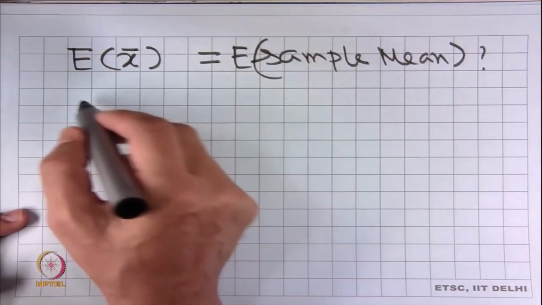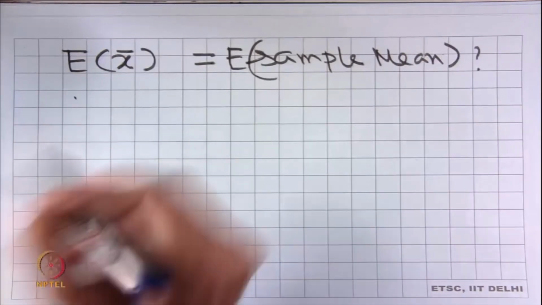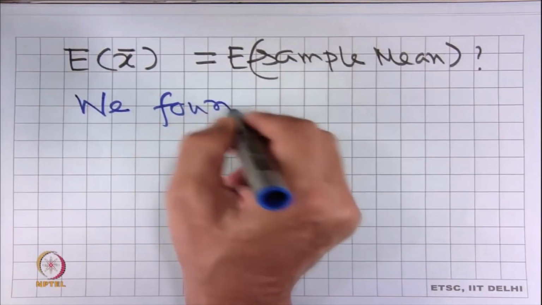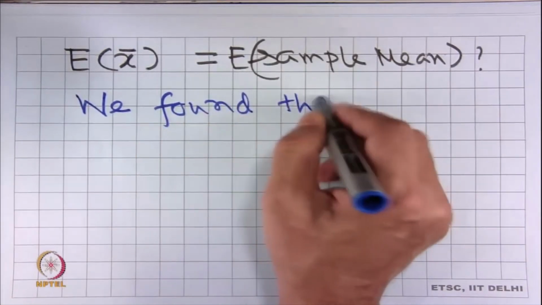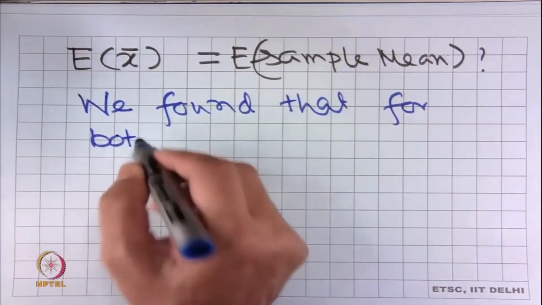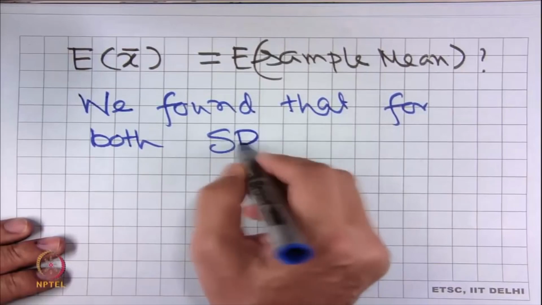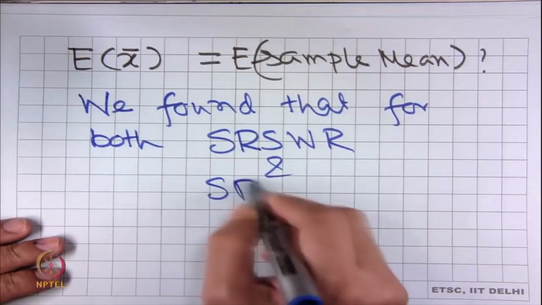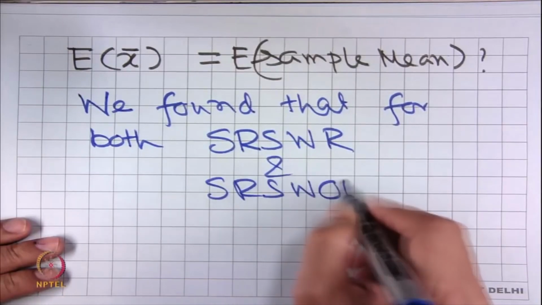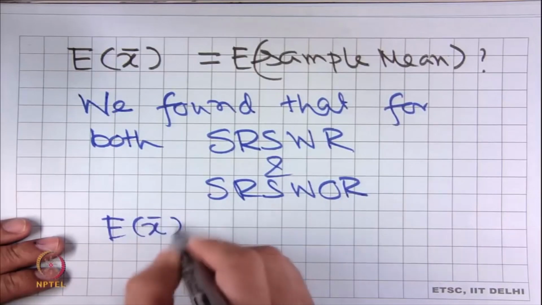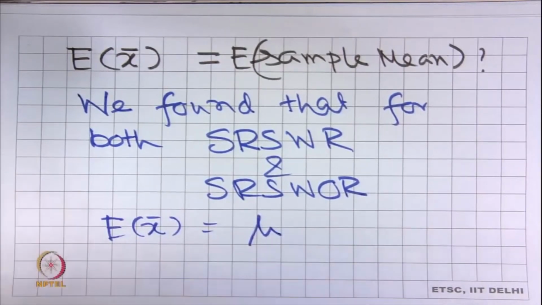We have found that for both SRSWR and SRSWOR, expected value of x bar is equal to mu.